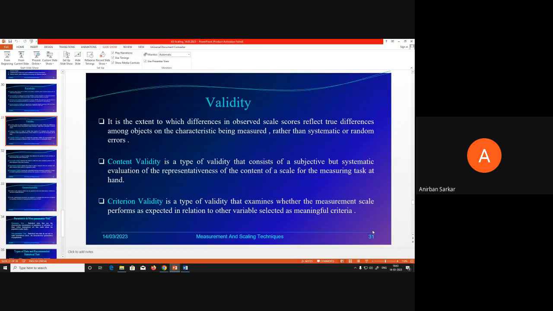The researcher collects data on the scale at one point in time and the data on the criteria variables at another point.